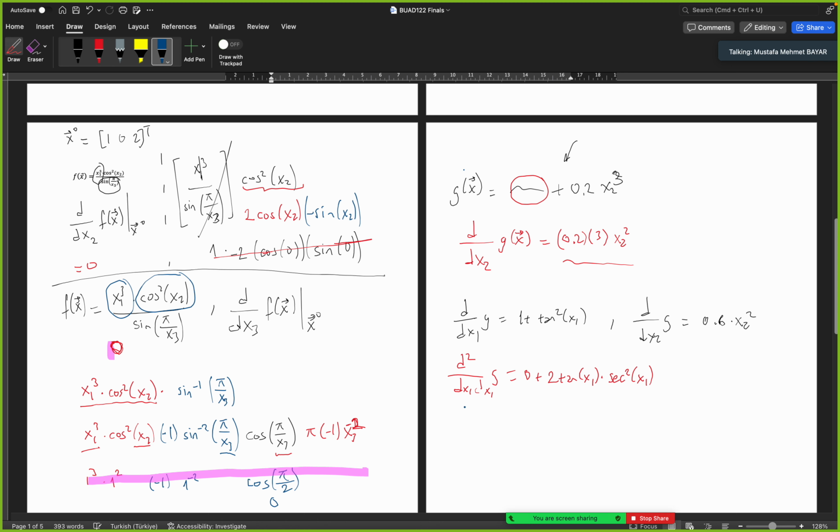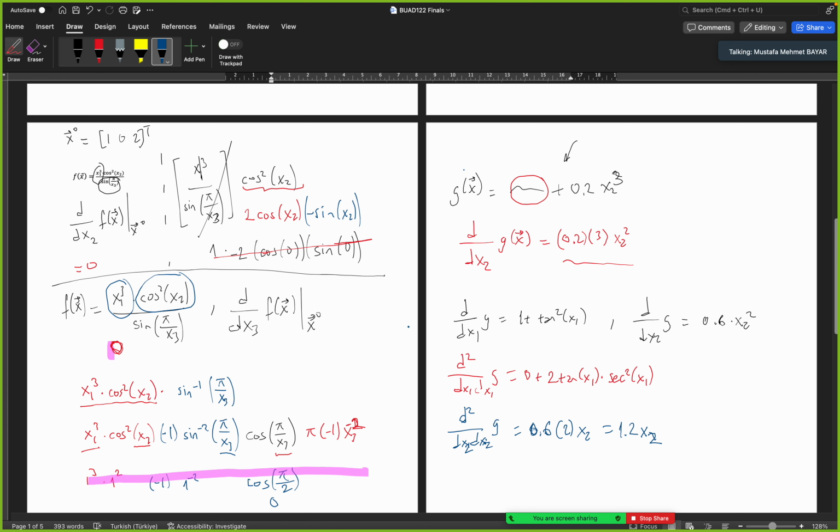And for the second term, d squared over dx2 squared of g is just equal to 0.6 times 2 times x2 to the power 1. So it's just 1.2 times x2. And I can just plug these in.